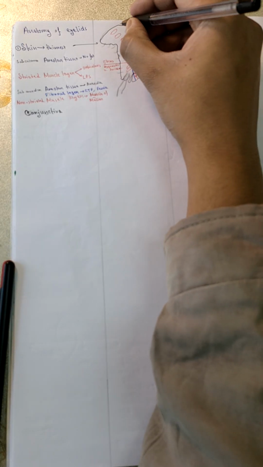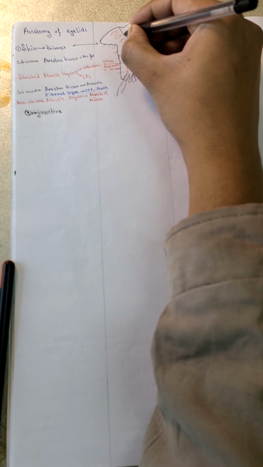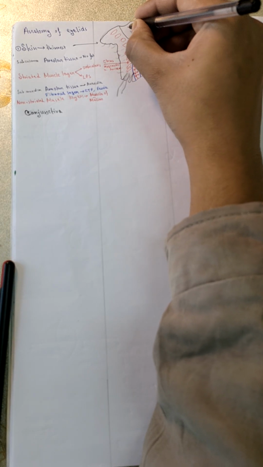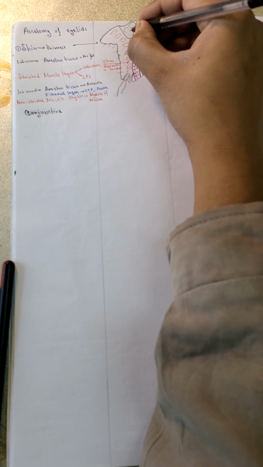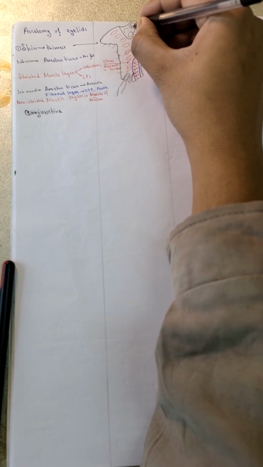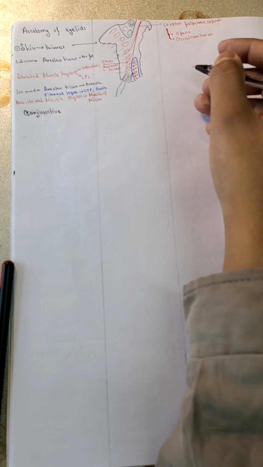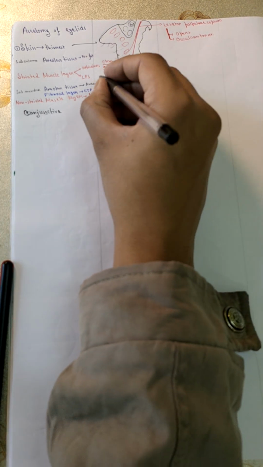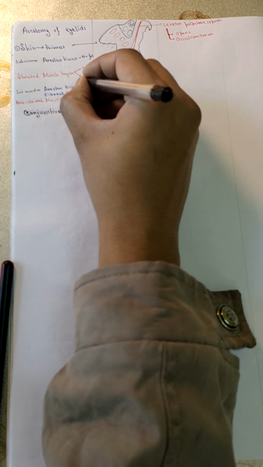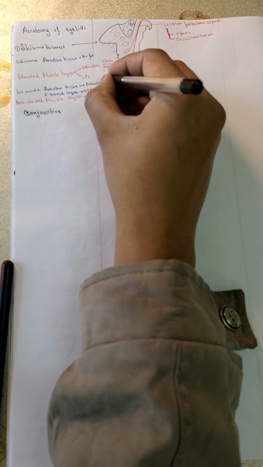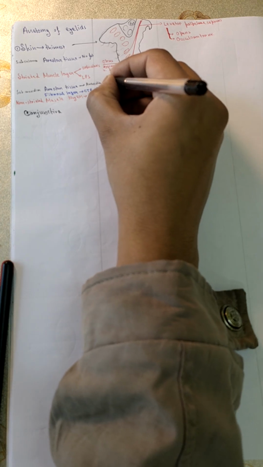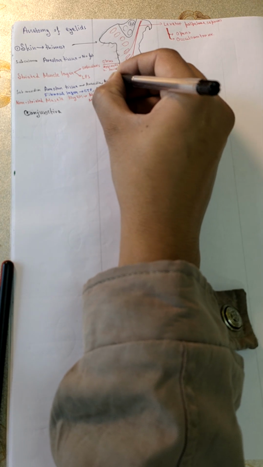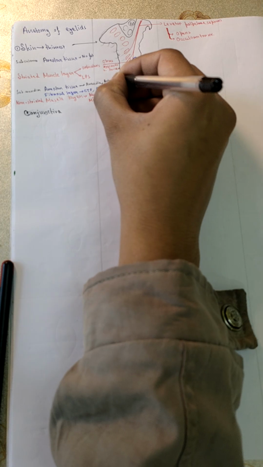Here is a fatty layer, full of fat. My artery and nerve are here.